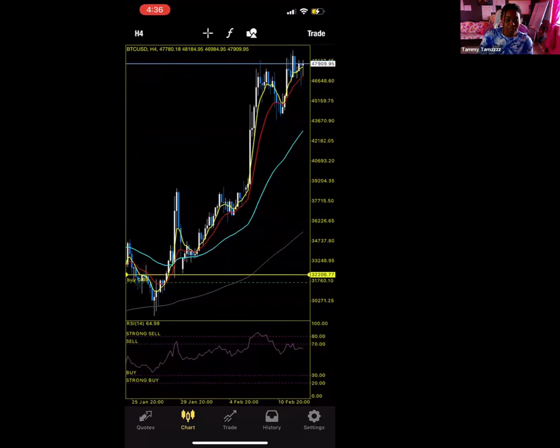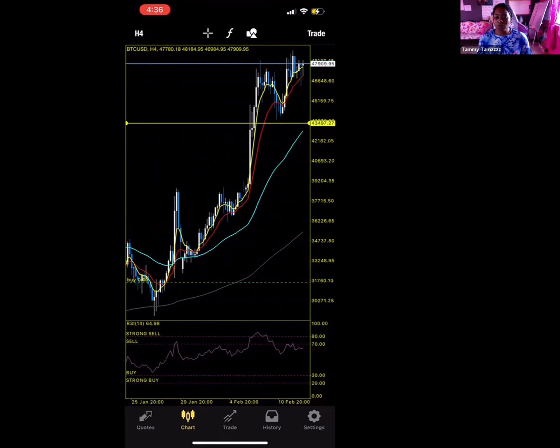Then when it made this impulse move, pulled back and continued, I'm going to move my horizontal line here. Boom. See the price that the horizontal line highlighted, 35,780.03. Go back, hit modify, put in this number, modify the trade, and know my stop loss is here. Every time the market creates higher lows, I'm just moving my horizontal line up, seeing that number, going and modifying my trade and putting that number there.